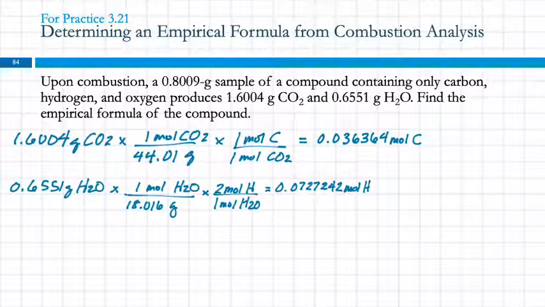So I've got my moles of carbon and hydrogen, but I also have to calculate the mass of carbon and the mass of hydrogen so I can find the mass of the oxygen. I know, right?